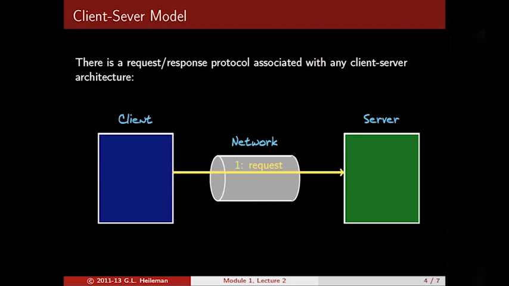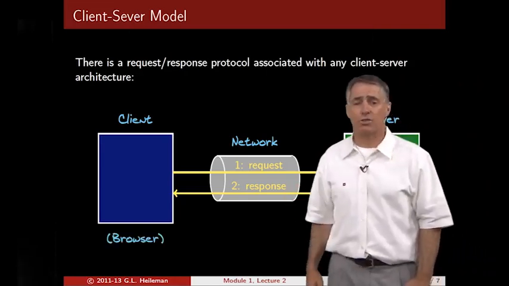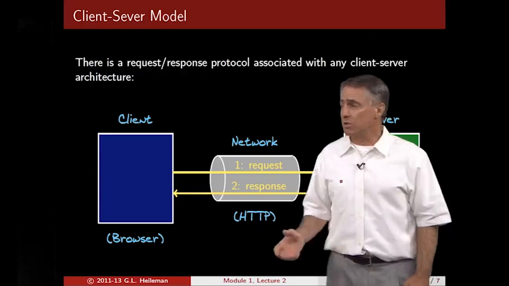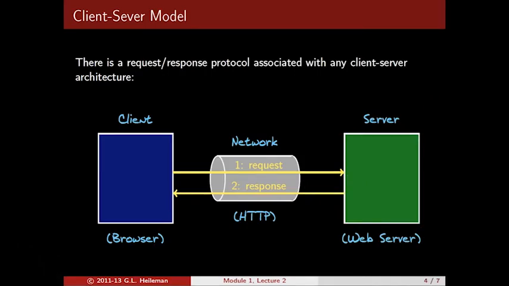First there's a request made to the server by the client, and then a response is provided. In the case of a web application, the server is a web server and the client is a browser. And the protocol that we use to transfer information between the two is called HTTP, for Hypertext Transfer Protocol.